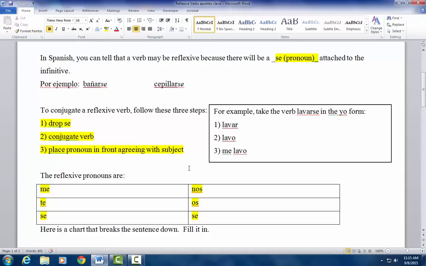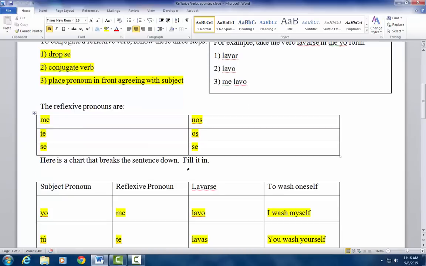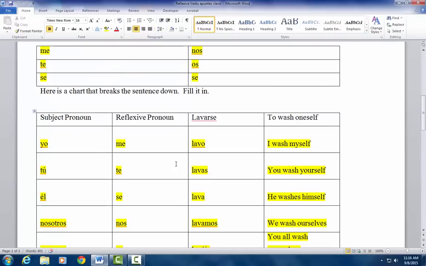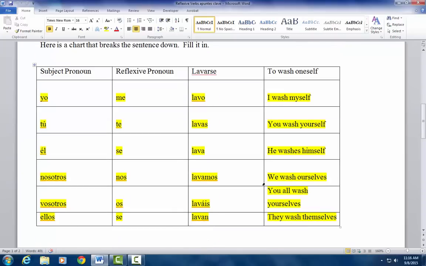So how do we know how to make the pronoun agree with the subject? Well, we have these 6 reflexive pronouns: me, te, se, nos, os, and se. So the chart that's just below here kind of breaks it all down for you. So let's complete this chart.